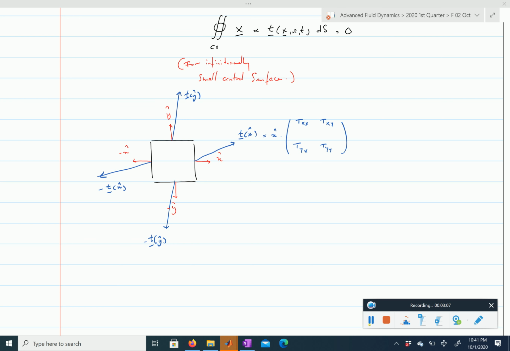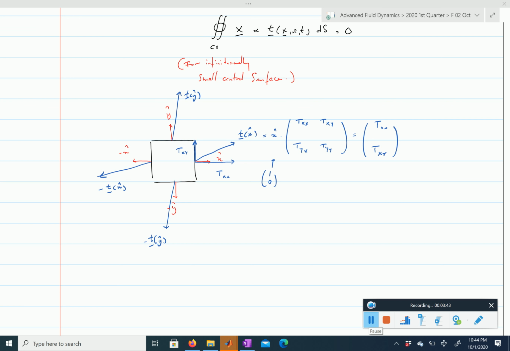Remember that the vector x here is the vector (1, 0), and therefore our stress vector is simply the vector with components txx and txy.